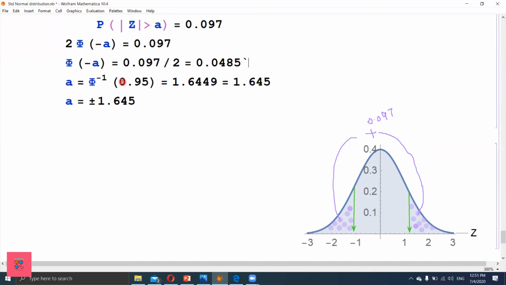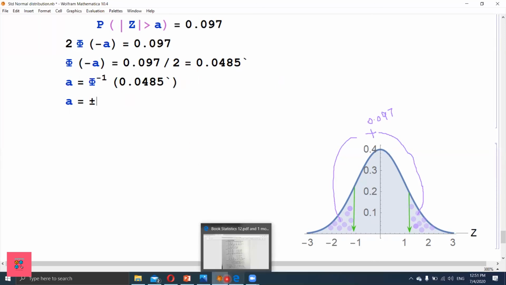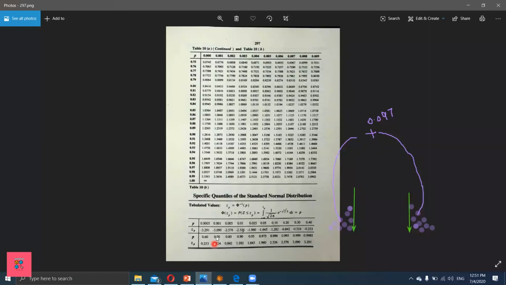So half of 0.097 exists on each tail. So this is equal to this one. We have to find a is equal to phi inverse of 0.0485, which actually does not exist in the table 10a. We have to use interpolation.